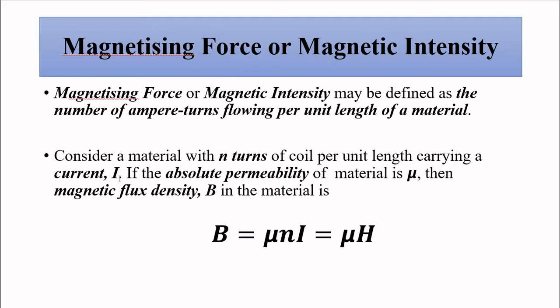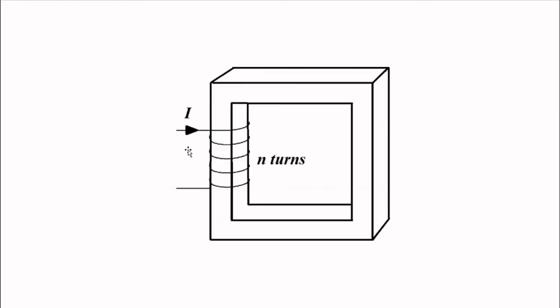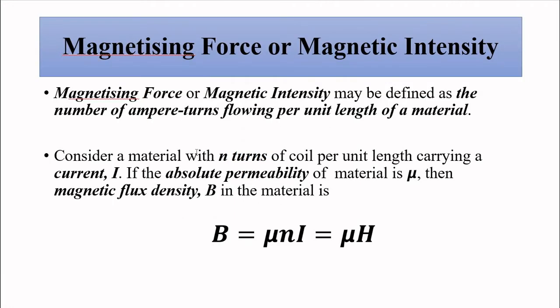So suppose we have a material or object with n turns of wire wound over it, and we have current I flowing through each turn. Magnetizing force or magnetic intensity is the number of ampere turns of current flowing through unit length of the material.